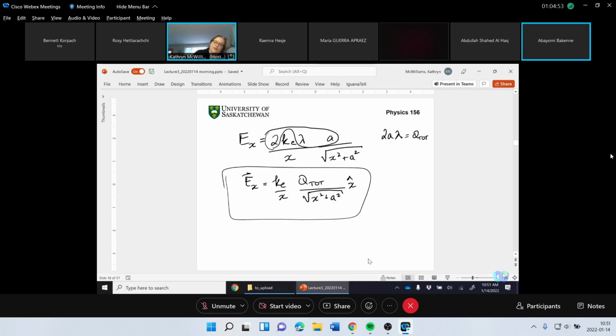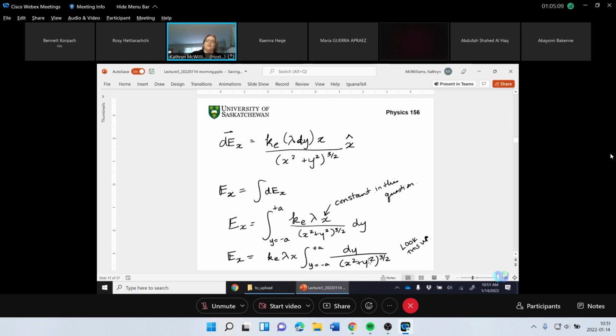This is the magnitude of the total electric field at point P, and we've only been dealing with the x component. So if you want to actually write it as the final answer with the vector, then you know that it points in the x hat direction.